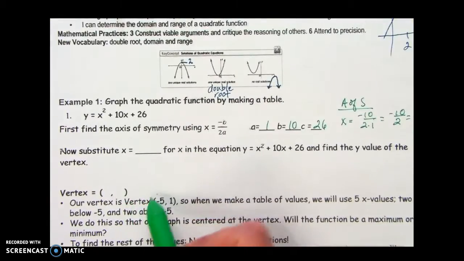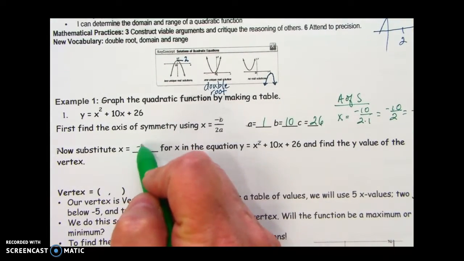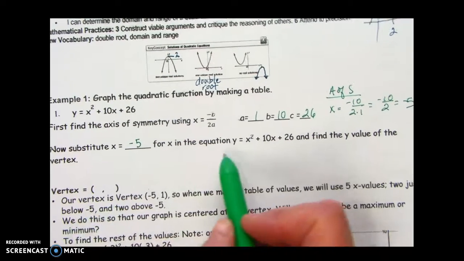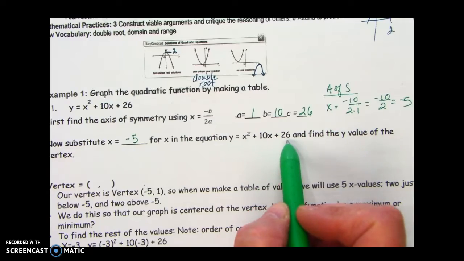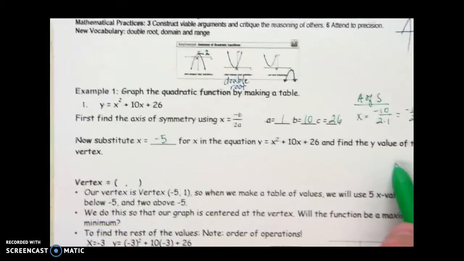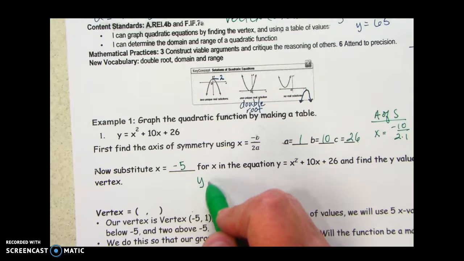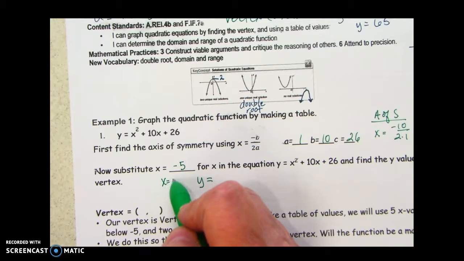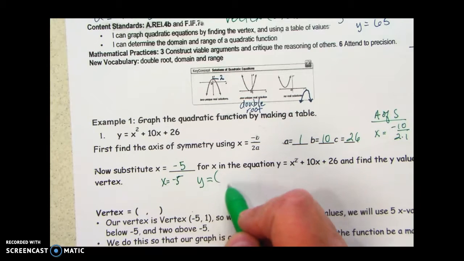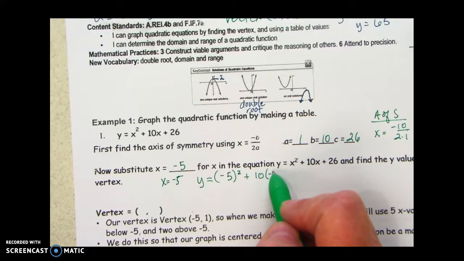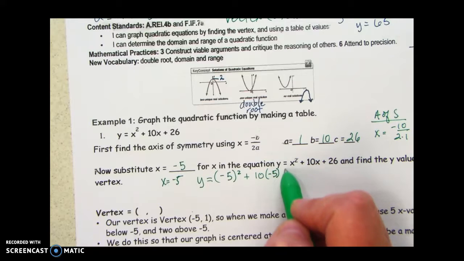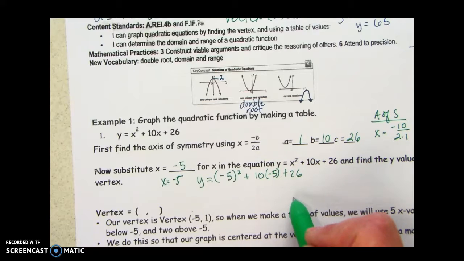So now I substitute x equals -5 for x in the equation, x squared plus 10x plus 26, and find the y value. So if x equals -5, y equals -5 squared plus 10 times -5 plus 26.